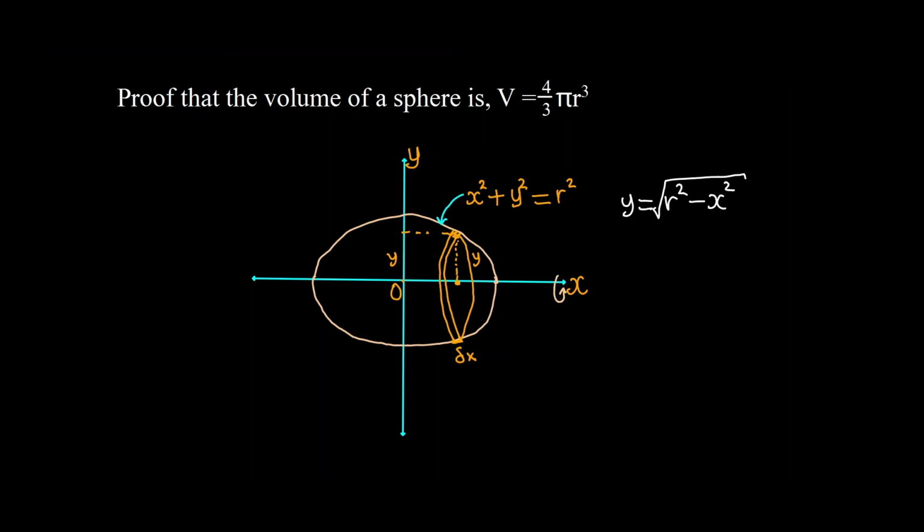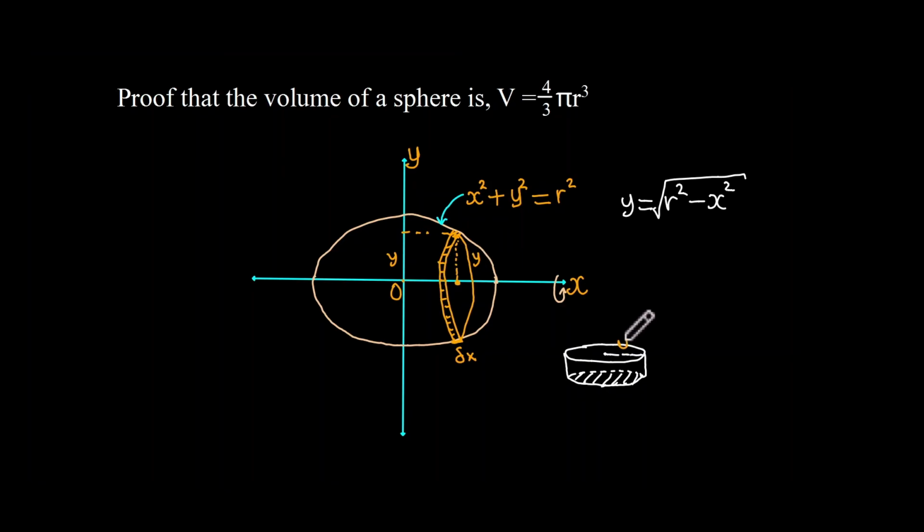We can move on and get the volume of this small disk. Remember, if we pull out this small disk and draw it out, it may look like this. That is our small disk. It is in the form of a small cylinder with a circular base, and we have a radius, and this radius is in terms of what we get here.